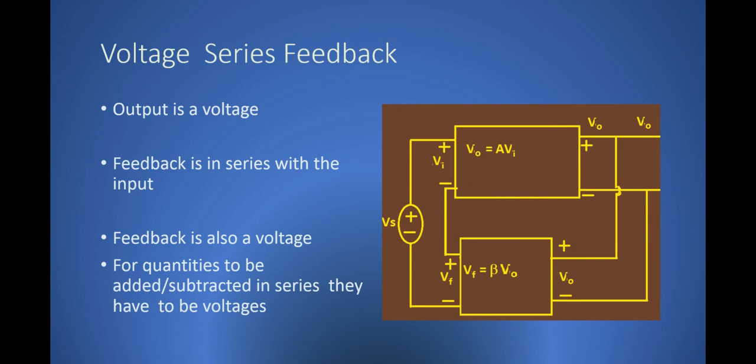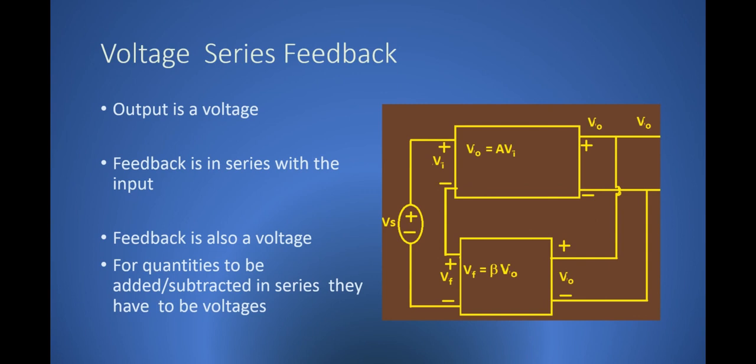So now we know that if there are two electrical quantities and they are added or subtracted from each other and they are connected in series, then they have to be voltages, because when you connect two components or two circuits in series, their voltages are added, and if you connect them in shunt, then their currents are added, not their voltages.